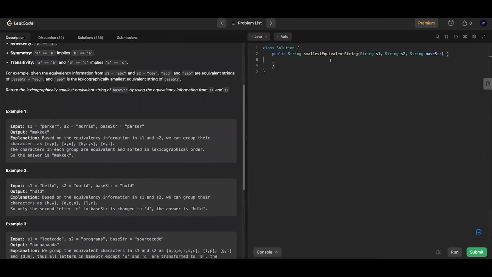So firstly, we are given S1 equal to PARKER and S2 equal to MORRIS, right?